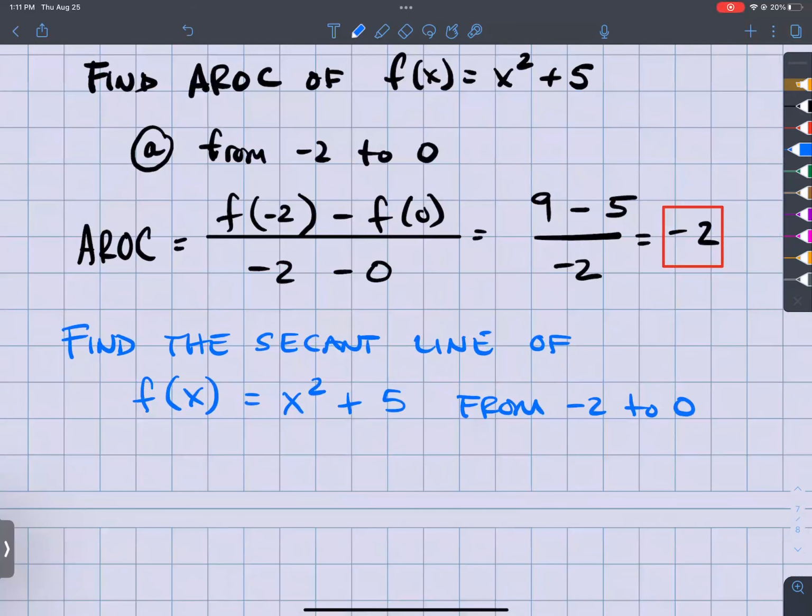Find the secant line. Okay, I should say find the equation.